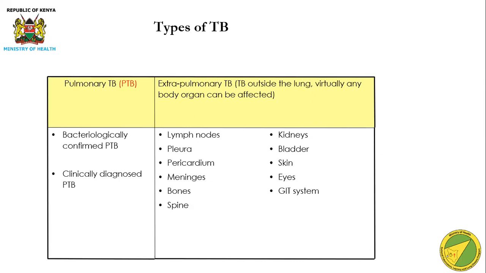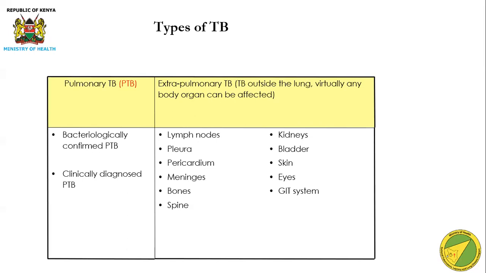Those that are not able to be diagnosed through laboratory diagnosis are what we call clinically diagnosed PTB, and this includes X-ray or just using clinical criteria based on the signs and symptoms of TB.